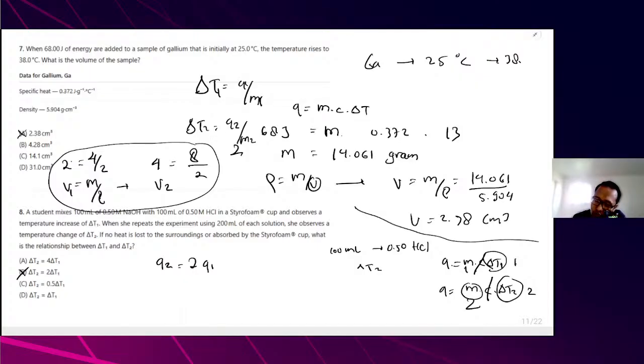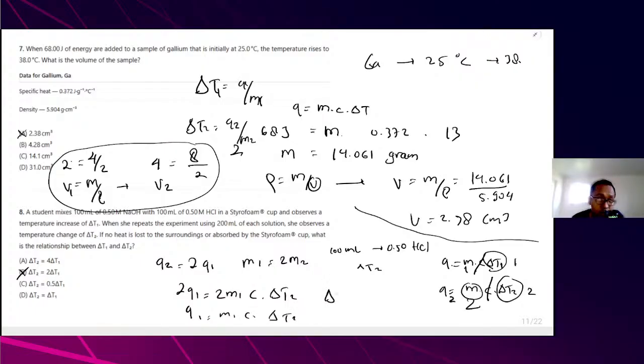Then you end up getting Q2 over here, and because m2 is 2 m1, how to get this done is pretty easy. Q1 is m1 C delta T1, and it is the same with Q1 m1 C delta T2.